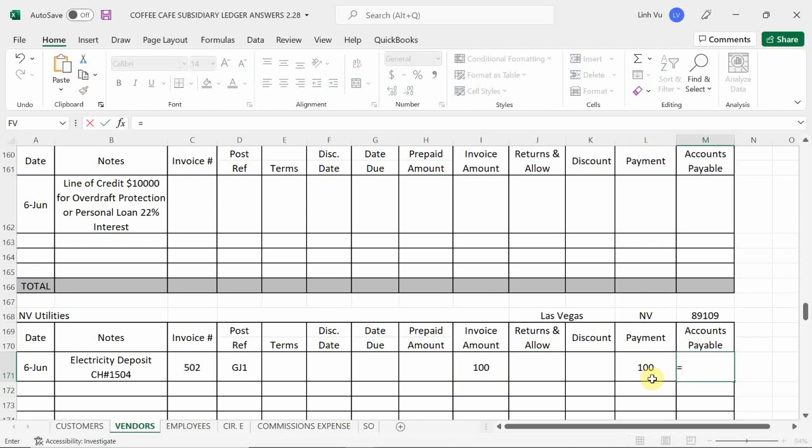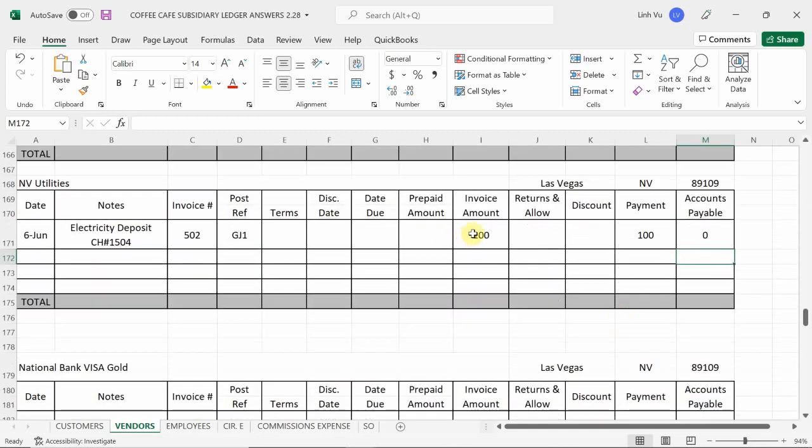So once again, this formula starts out with your invoice amount. Anything that decreases it will be your prepaid, your returns, your discounts, and your payments. So that means you should be at $0 to NV Utilities because you already paid them. And that it was an electricity deposit.